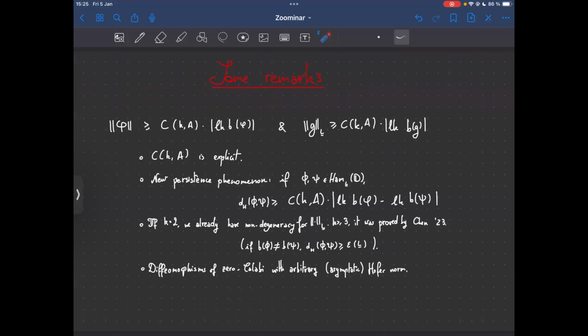But in general, what you need to know is that the constant goes to 0 when k goes to plus infinity. So essentially, the estimates get worse and worse as we consider more and more circles. And also when a tends to 1 over k plus 1, which is the lower bound of the admissible interval of values for a, the constant goes to 0.